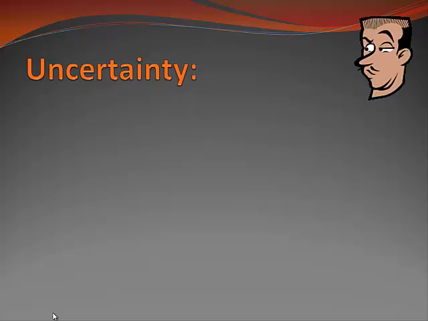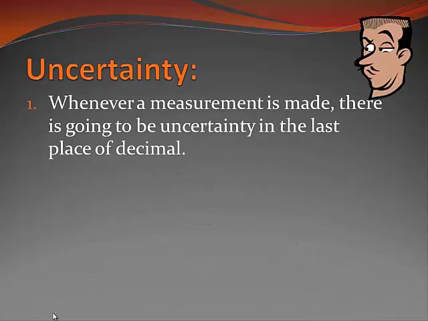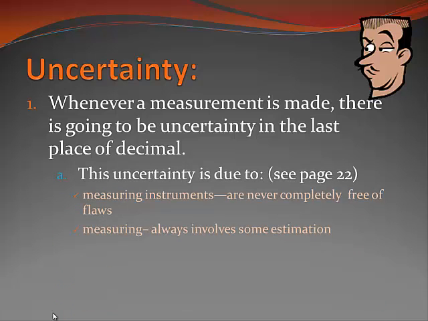So how does this play out in terms of significant figures? Well, let's jump one step further, or one intermediate step, which is looking at uncertainty in our measurements. Whenever a measurement is made, there's going to be some uncertainty in the last decimal place. That's because no measurements are completely free of flaw.